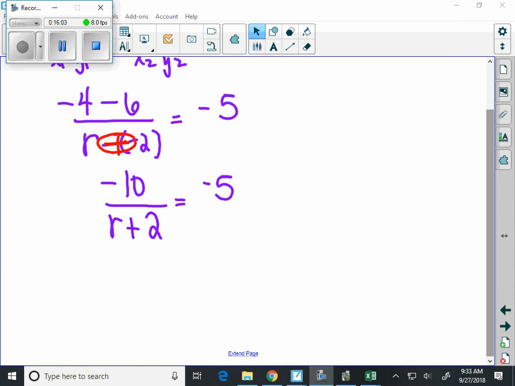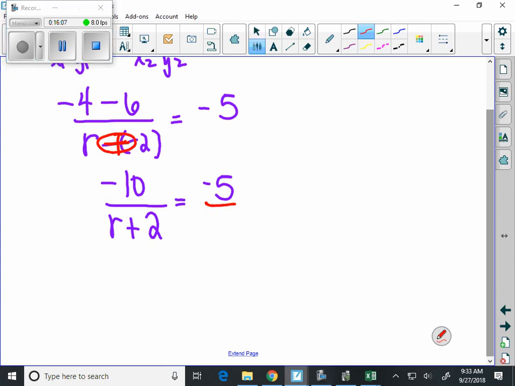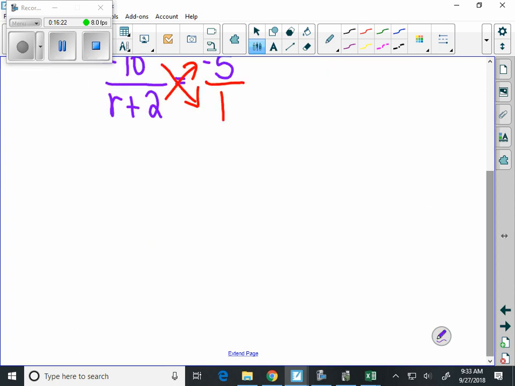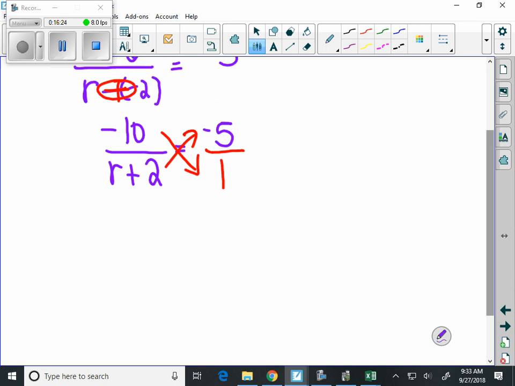The thing that some people forget about on this problem is that we can rewrite -5 as -5/1. Because again, what we want to do, figure out what the value of r is, we want to multiply. So we have -10 times 1 equals -5 times r plus 2.